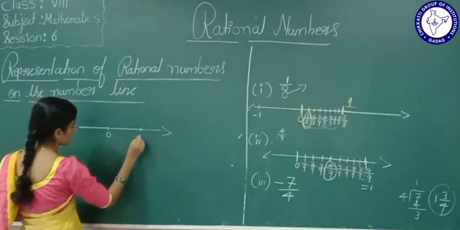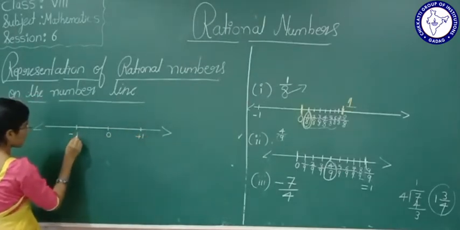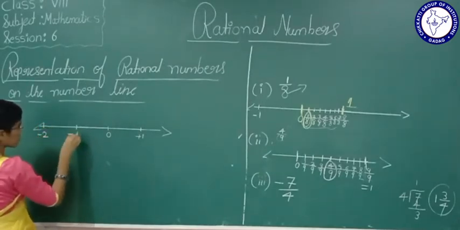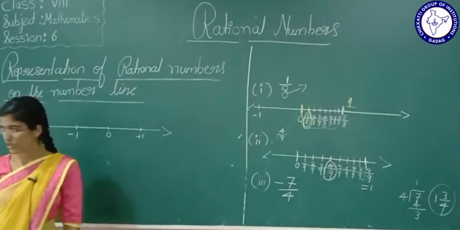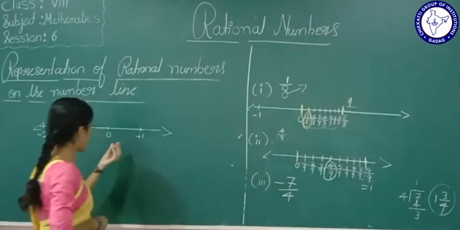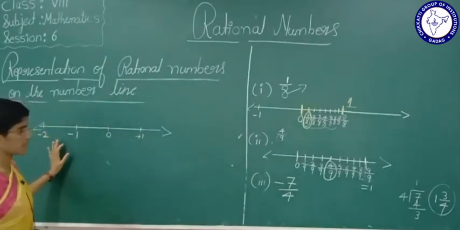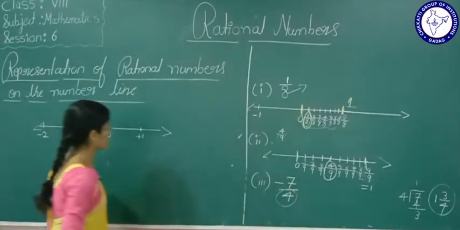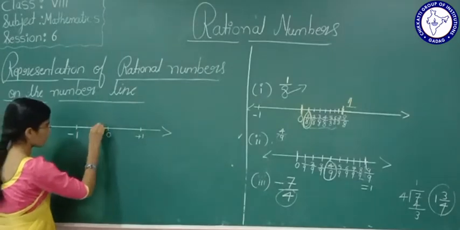Zero, plus 1, minus 1, and this will be minus 2. See here, minus means it will lie on the left side of 0. Now how many parts do we have to make here? 4 equal parts. Okay, start making 4 equal parts.